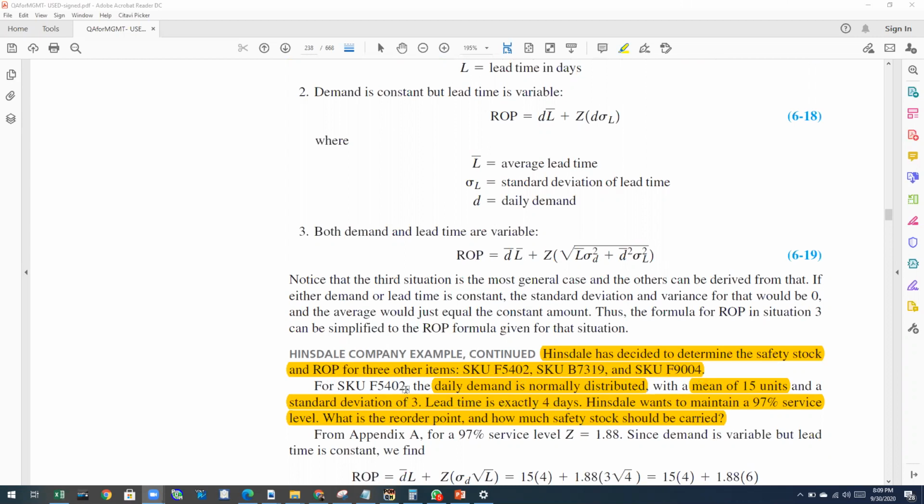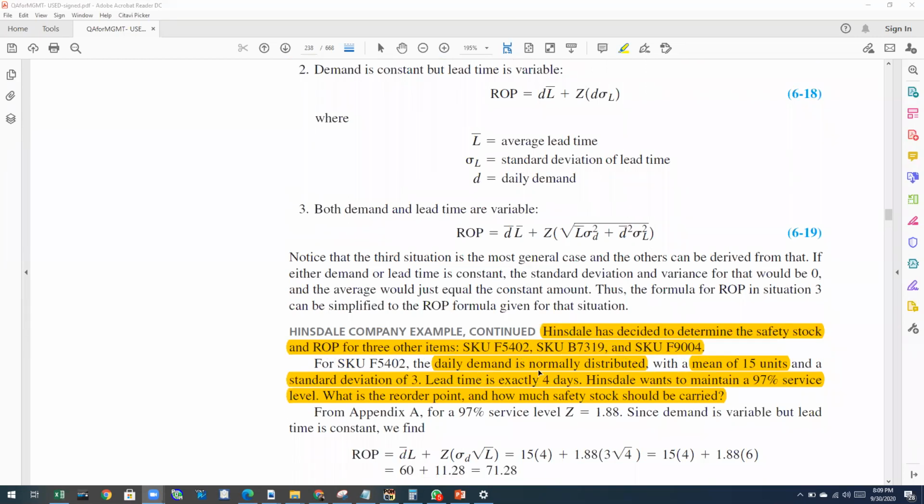For F5402, the daily demand is normally distributed with a mean of 15 units and a standard deviation of 3. The lead time is exactly 4 days. So here we see lead time is constant, but the daily demand fluctuates and is variable.